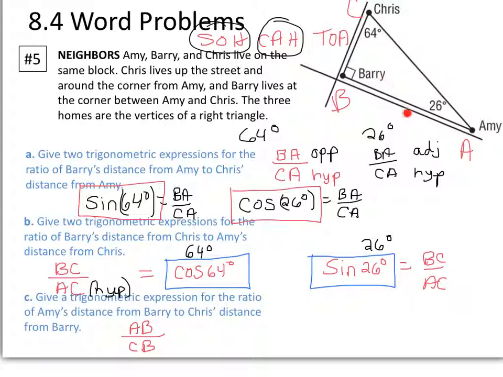AB from the perspective of 64 degrees is the opposite, and CB from the perspective of 64 degrees is the adjacent. So we have the tangent of 64 degrees equals AB over CB. And then our answer here would be the tangent of 64 degrees. Hope this helps.